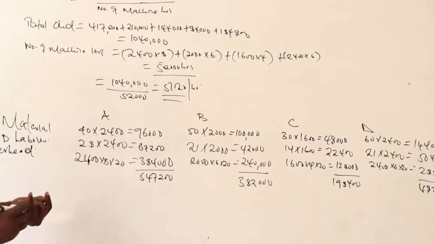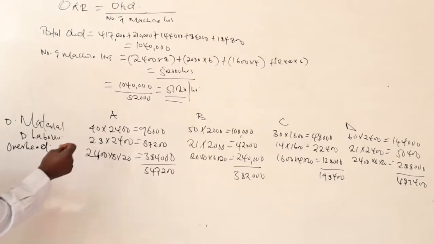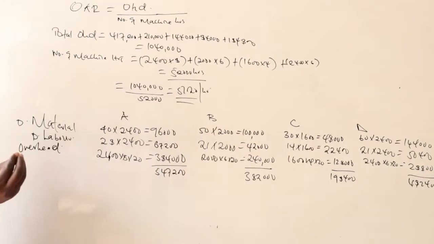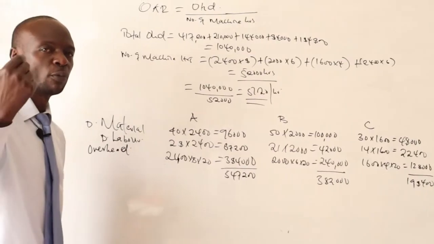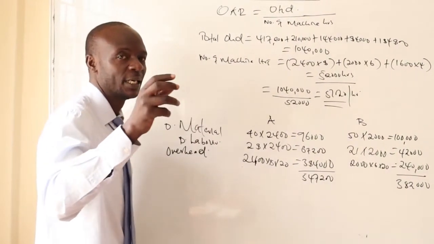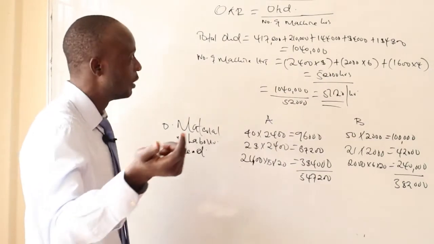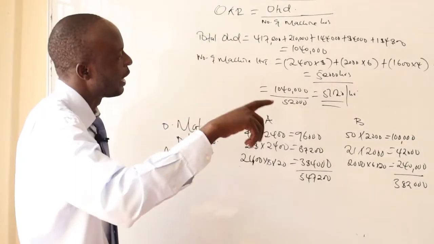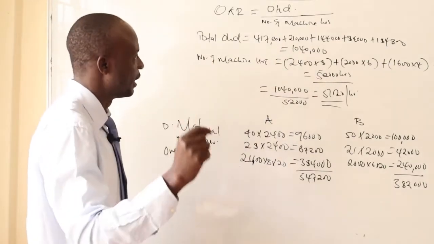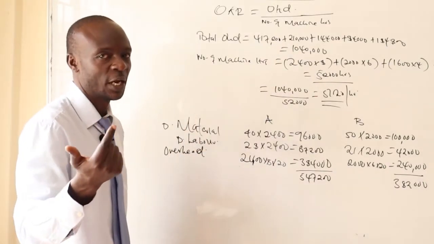My point of emphasis here is overhead. How to determine the cost of overhead? You'll be given historical overheads, and then you'll be given the method of absorption. In this question, the total overheads were 1,040,000, and the absorption base was machine hours.